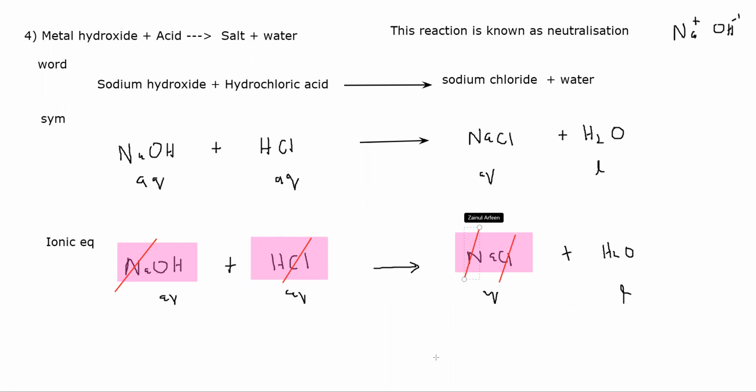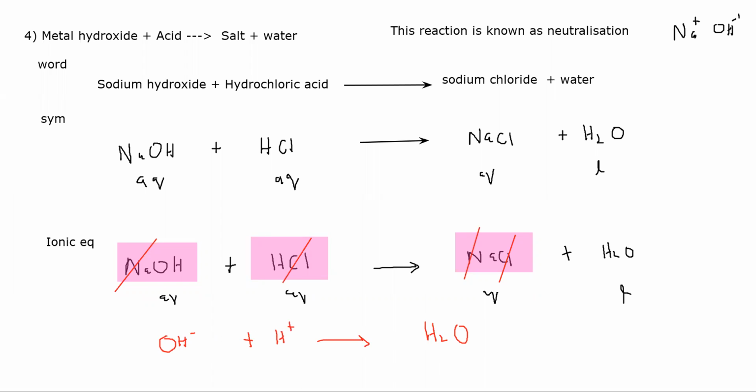What we are left with will be the ionic equation: hydroxide ion, which is aqueous, and hydrogen ion, and this results in the formation of H2O. Is it clear? So this is the ionic equation. OH plus H gives H2O.